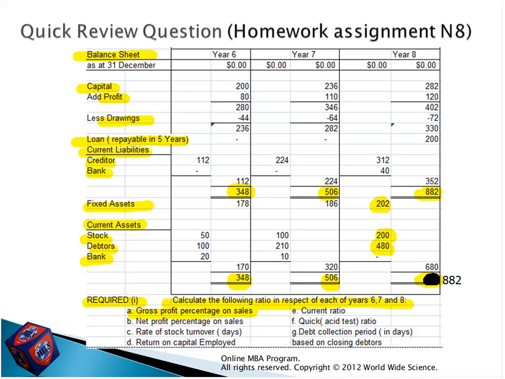Then net profit percentage on sales, rate of stock turnover or inventory turnover in days, the return on capital employed, current ratio, quick ratio, which is the acid ratio, and debt collection period in days based on the closing debtors. So we have to make calculations based on all of these ratios.